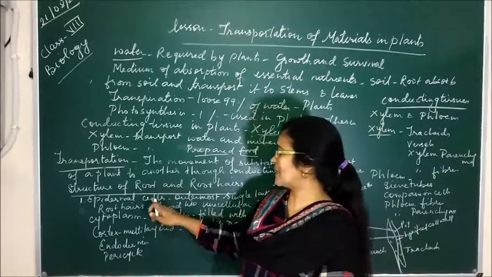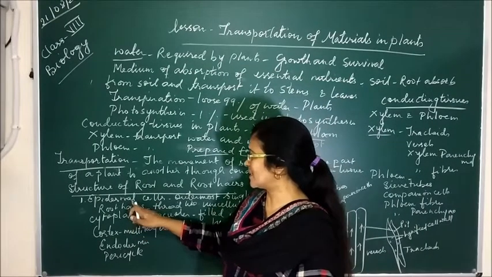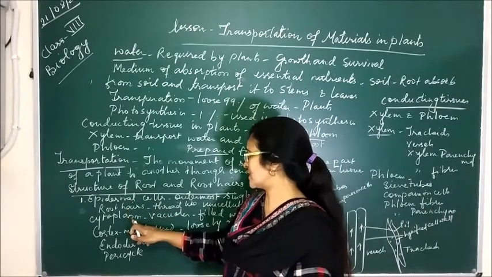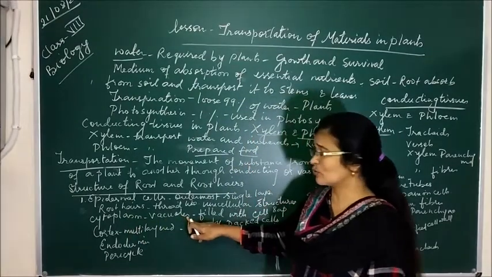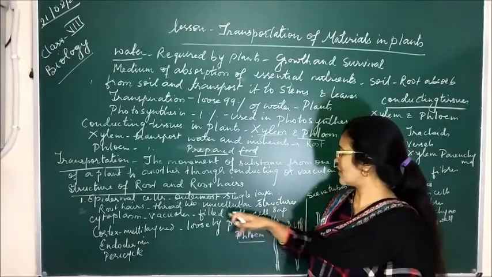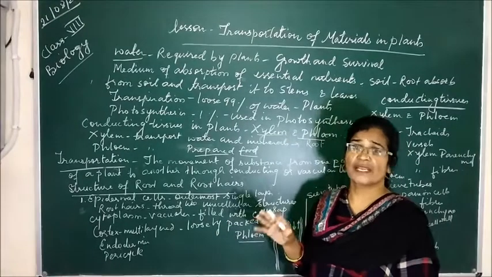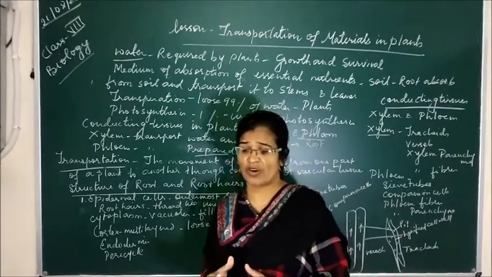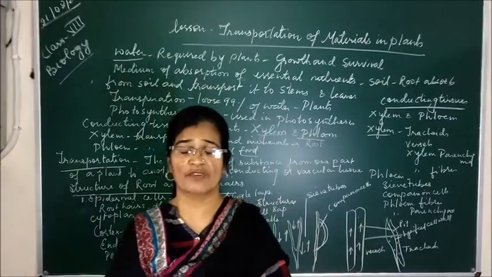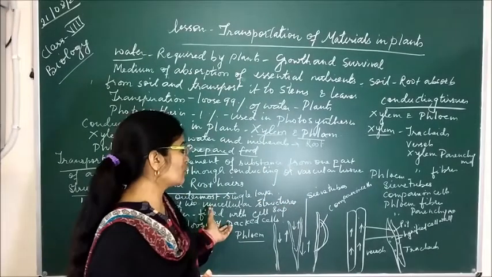After the epidermal cells, in the next layer we can see the cytoplasm. It contains several vacuoles, and these vacuoles are filled with the cell sap. Cell sap means the liquid or the nutrient part along with the water which is present in the vacuoles.